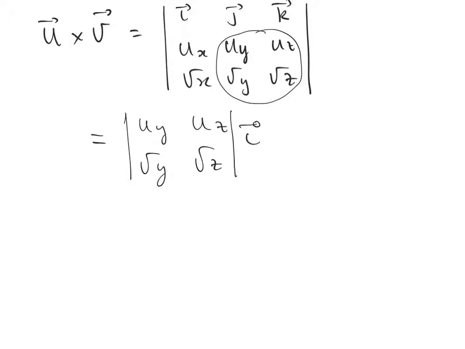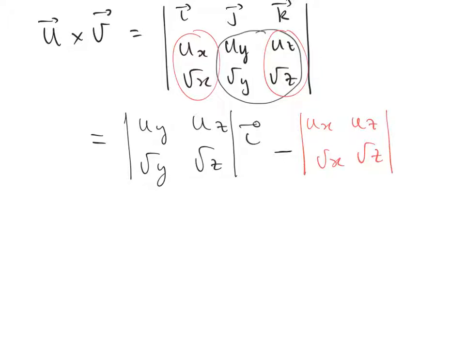and the unit vector i, minus the second determinant, which is made up of these terms here, ux, uz, vx, vz, and unit vector j.